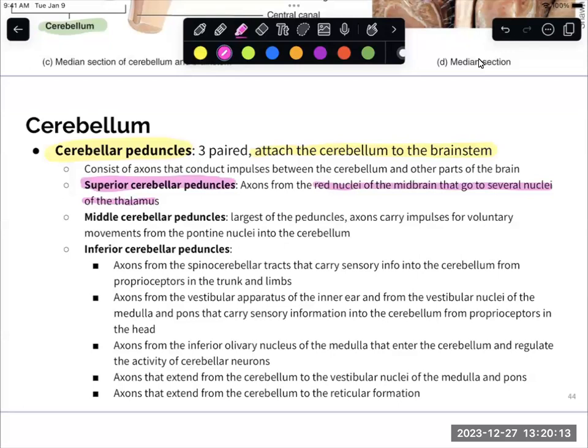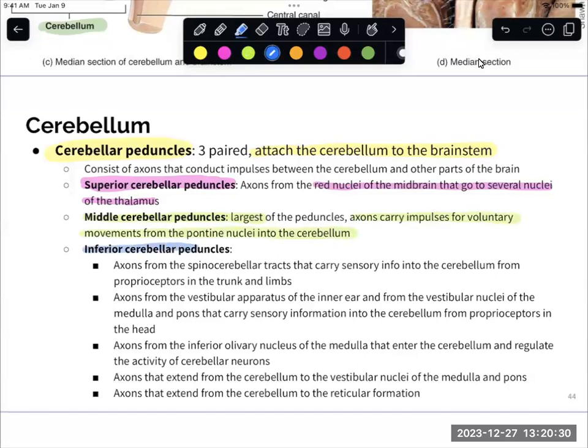So this is where these axons are traveling. We have the middle cerebellar peduncle, which is the largest. Axons for voluntary movement from the pontine nuclei into the cerebellum.